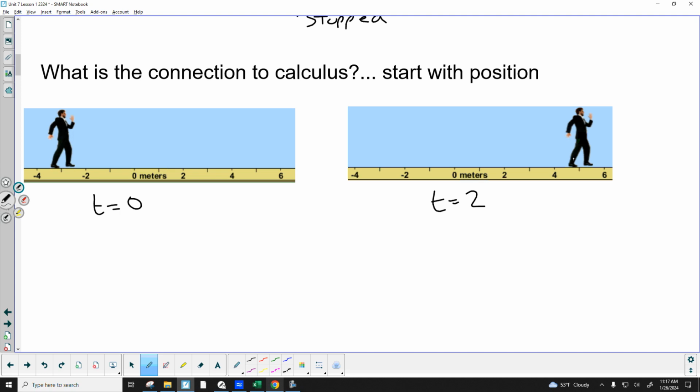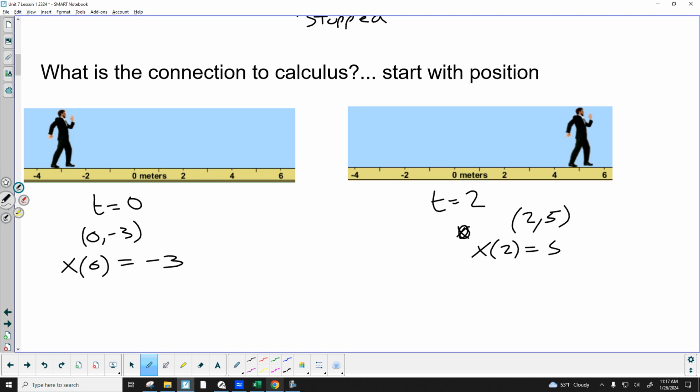Time 0, position is -3. My position at time 0 is -3. At time 2, my position is 5. X of 2 equals 5.